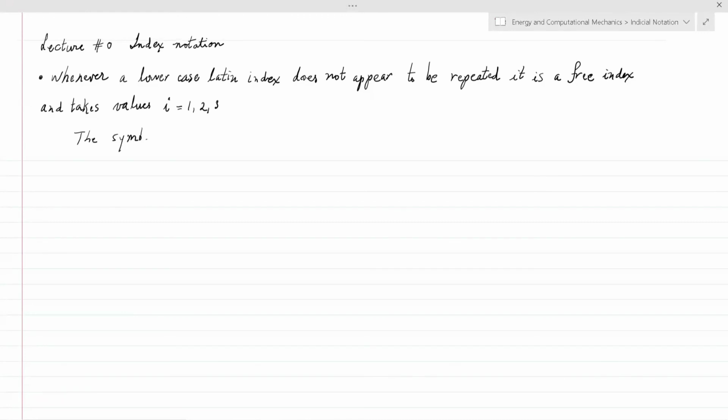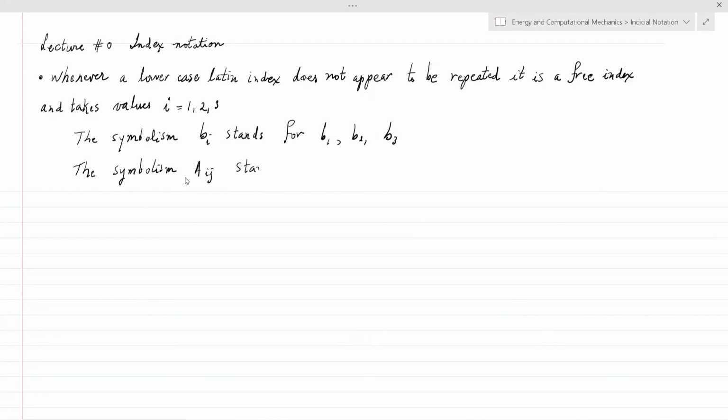As an example, the symbolism b_i stands for b_1, b_2, b_3. Here, I took values 1, 2, and 3. b_i stands for b_1, b_2, and b_3. Anytime you see the symbolism a_ij, that stands for a_11, a_22, a_33, a_13, and so forth.